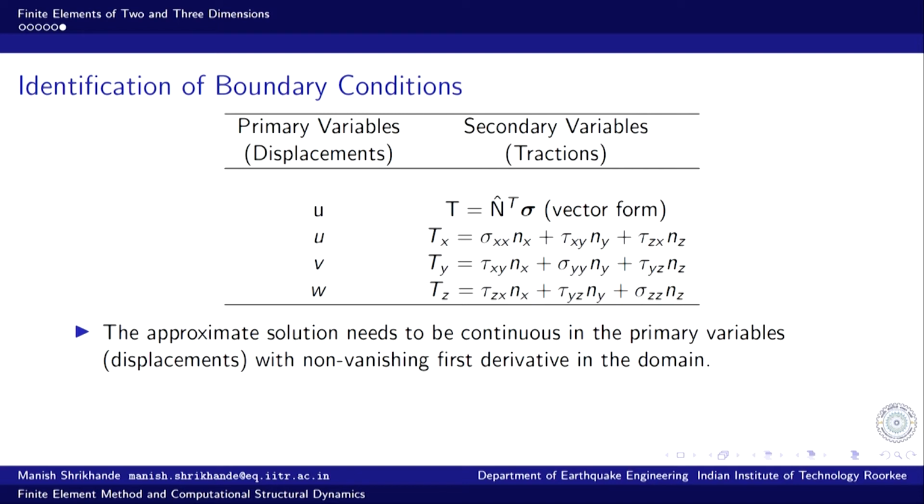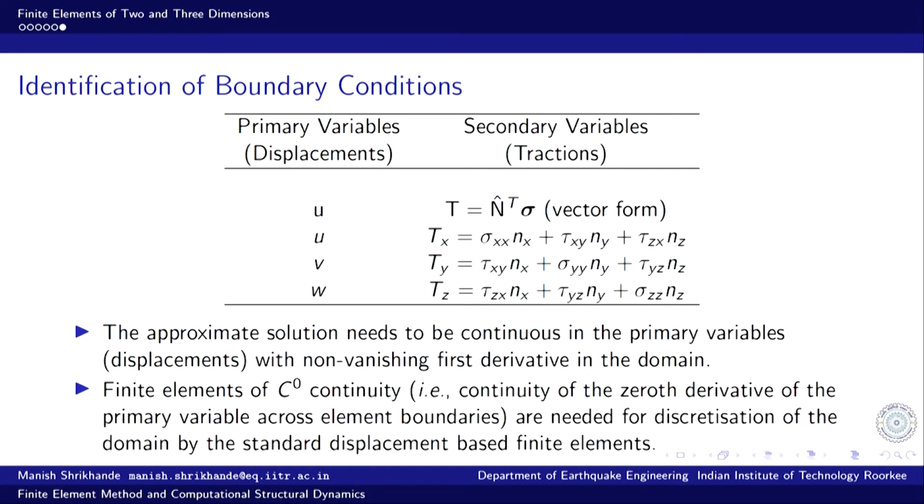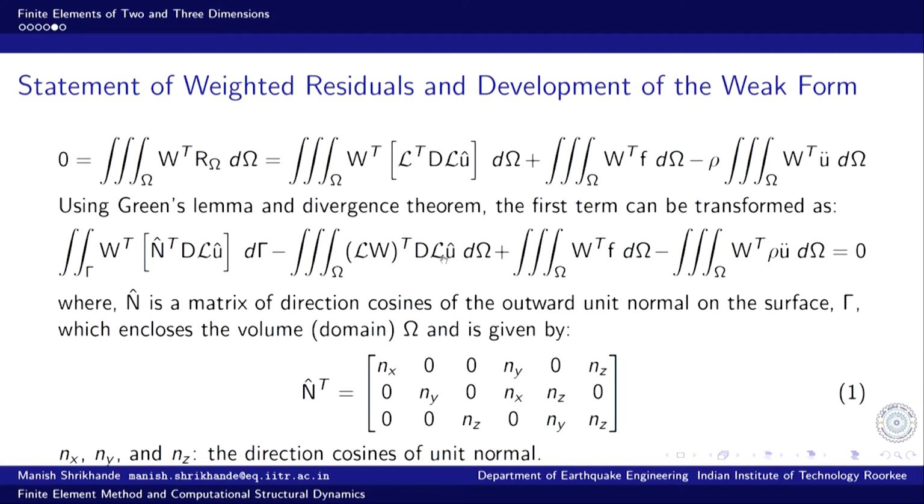So, now looking at the boundary term, we can infer that the approximate solution that we need to construct needs to be continuous in the primary variables, these are the displacements, with non-vanishing first derivative in the domain, because the domain integral that we have here involves the first derivative of this approximation L u.